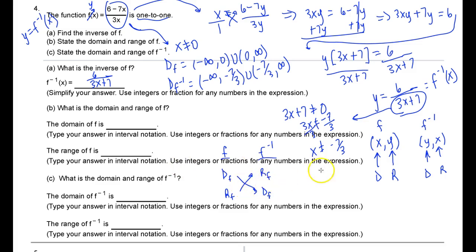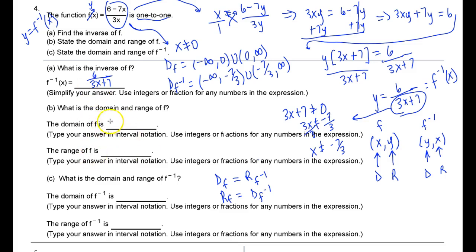I'll write that differently so that we can see what's going on here. Essentially what we're saying is that the domain of the original function is equal to the range of the inverse, and that the range of the original function is equal to the domain of the inverse. That's essentially what we're trying to say here. So with that being said, we can now answer these questions.